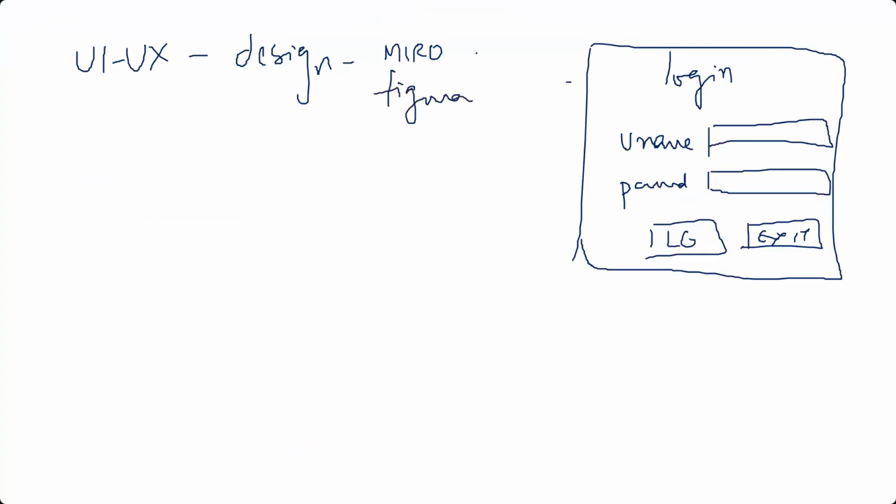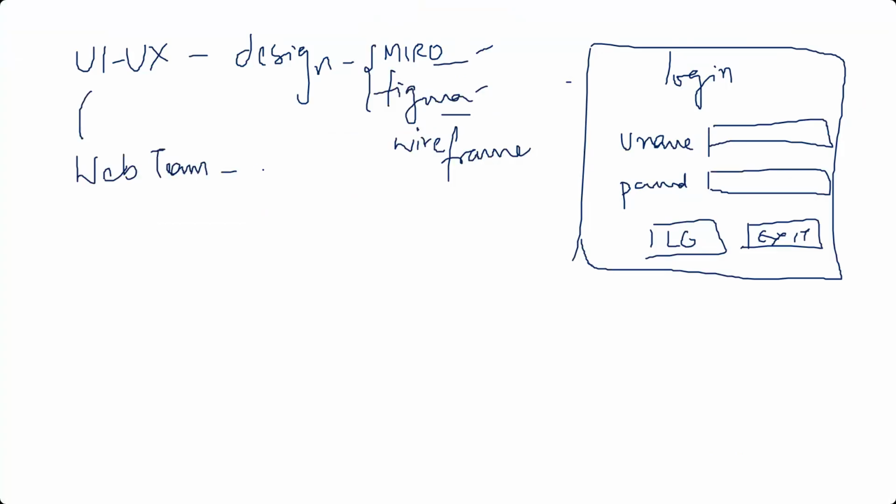You just need to know these tools, you don't need to learn them, but for your understanding. They design the screens in tools like Miro and Figma, and those screens are typically wireframe diagrams, like mock screens. Now, the UX UI designer will give it to a web team.